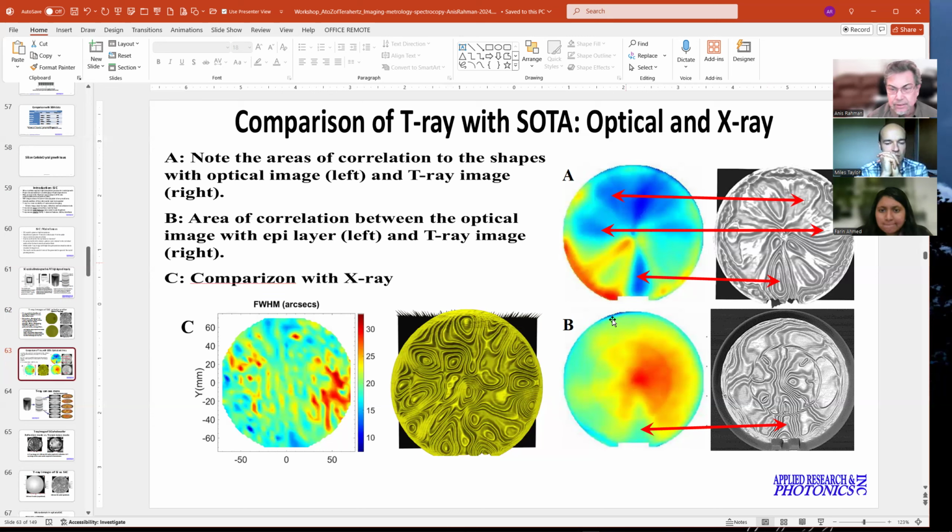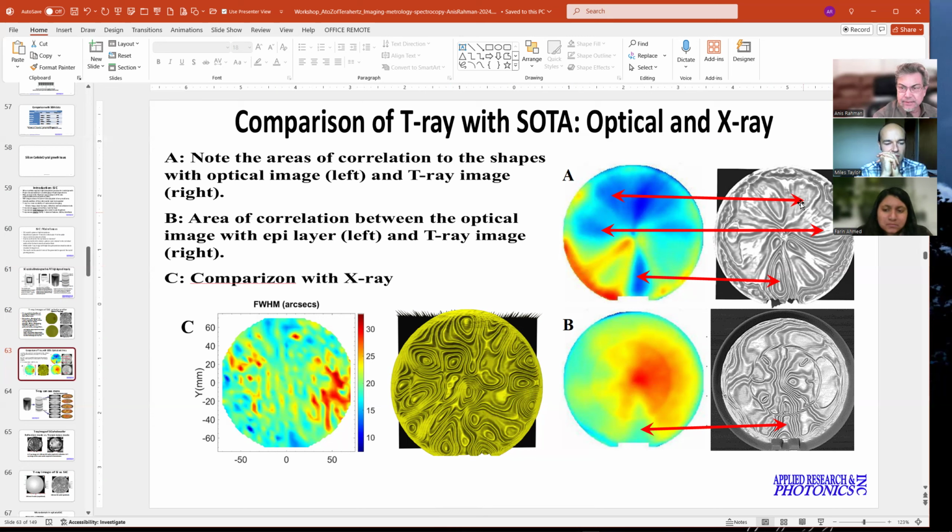This one is with epitaxial layer, this one is without epitaxial layer. And the other experiment we did is the same wafer. We had the X-ray investigation done.